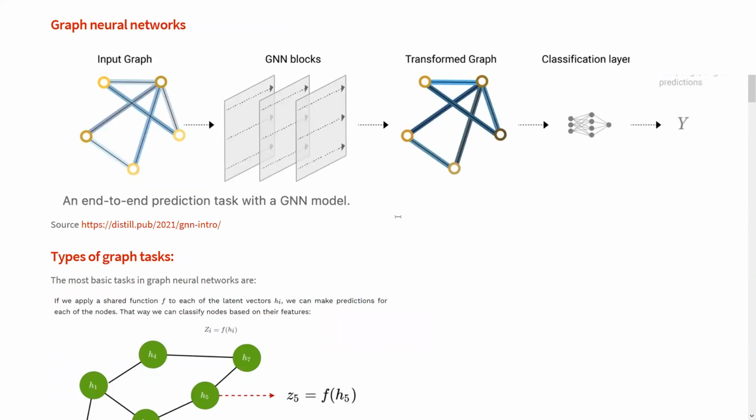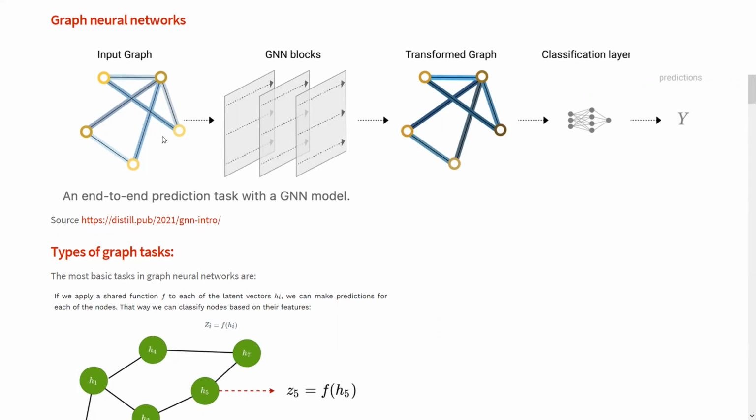And here is the basic operation for a graph neural net. Suppose we have a graph input. We separate the graph structure, which we call the Laplacian or adjacency matrix, from the attributes.